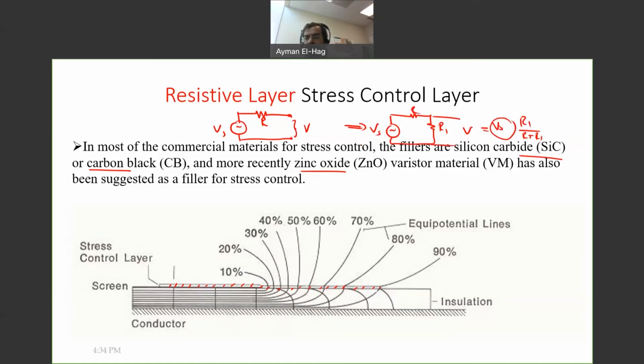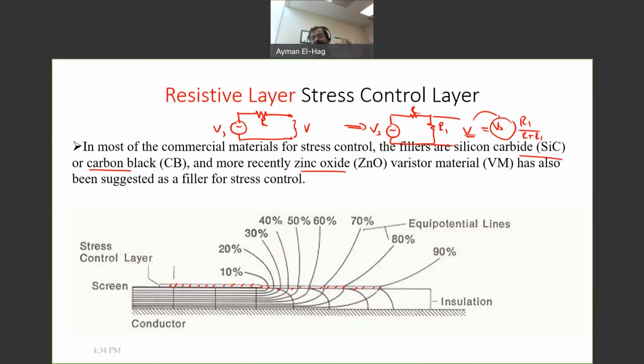So this voltage at the output will be less than the main stress voltage. Unlike when we have a sort of an open circuit, when we have no stress grading material, the whole voltage will be applied between these 2 points. So when we have a resistive type of stress grading material, we are reducing the stress, if you use circuit theory to explain this, by using the voltage division.